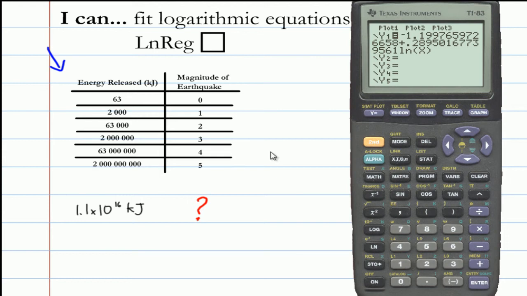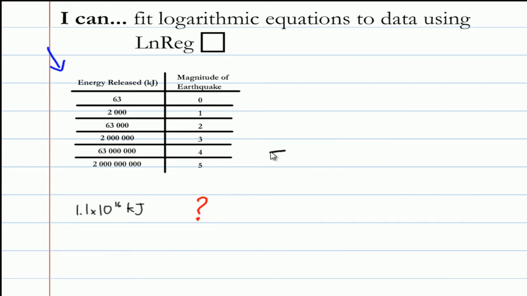Now we want to calculate the magnitude when the energy is 1.1 times 10 to the 16 kilojoules. So in this equation we've got y equals negative 1.1998 plus 0.2895 times the ln of x.